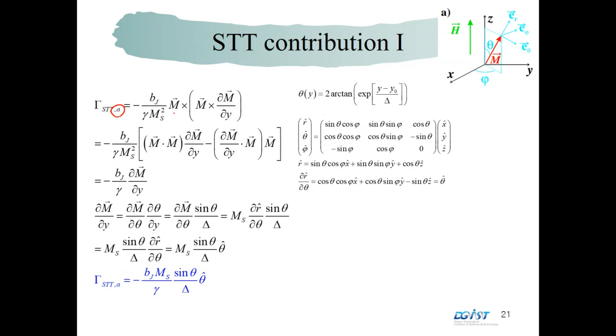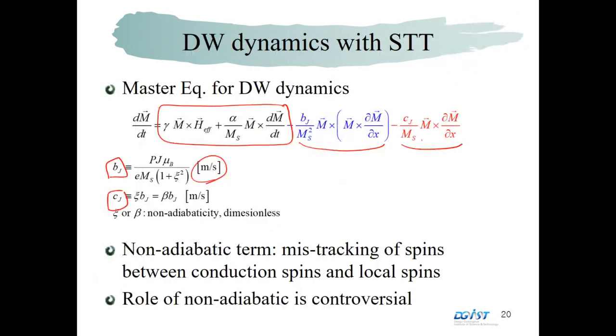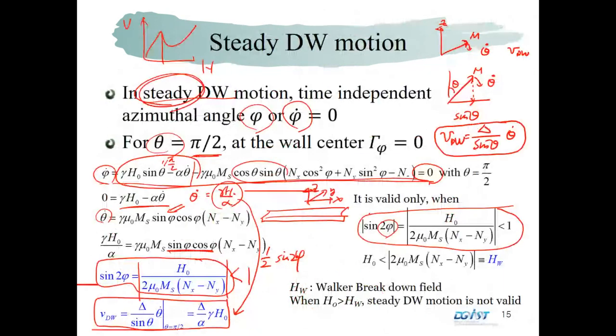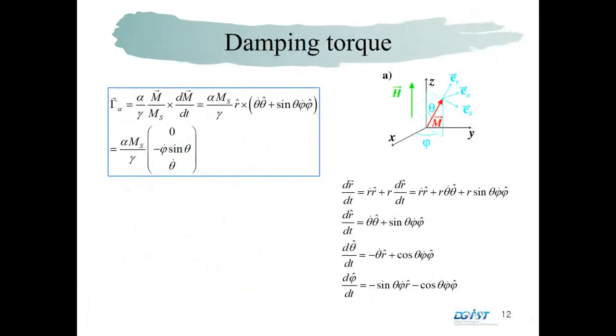Here we have m cross ∂m/∂y. In this equation, I took x as the current direction, but in our previous coordinate system, the current is flowing along the y-axis.